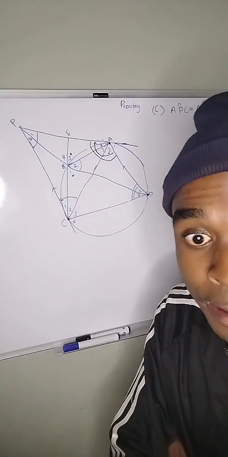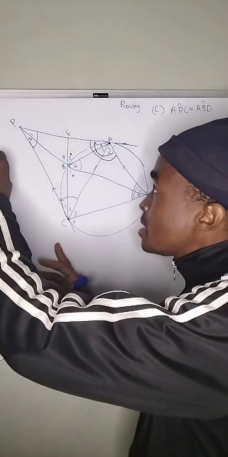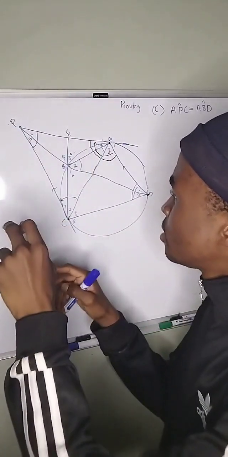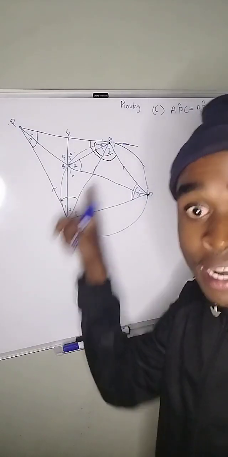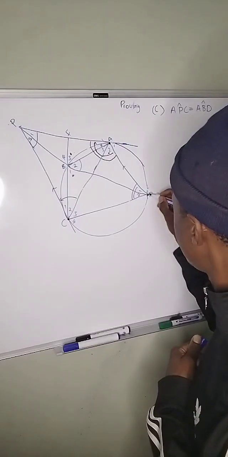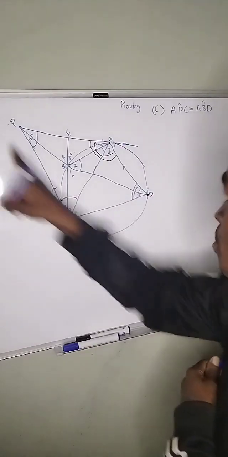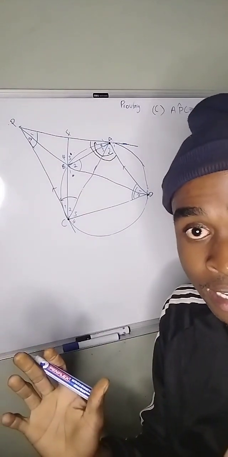Yes, AP and AC, right? No, PC, guys. PC and AD. Maybe this one distracted you. PC and AD. They're the ones that are parallel, right?